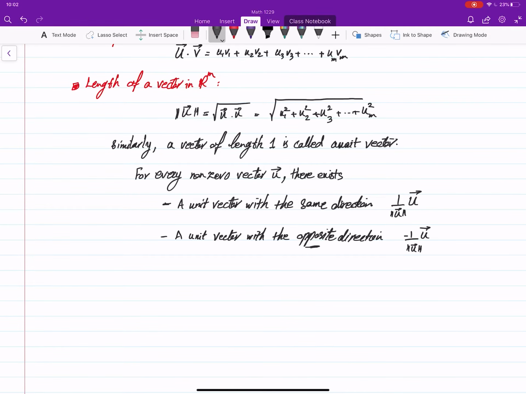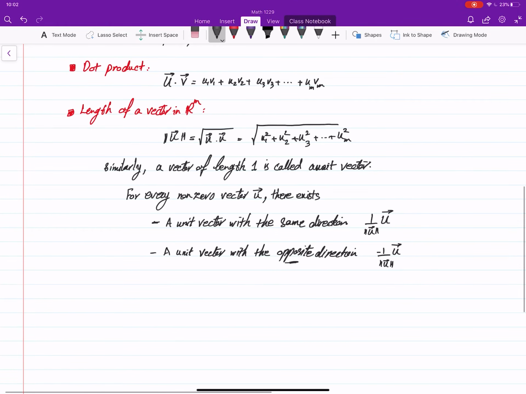That is very similar to the 2 or 3 dimensional case.